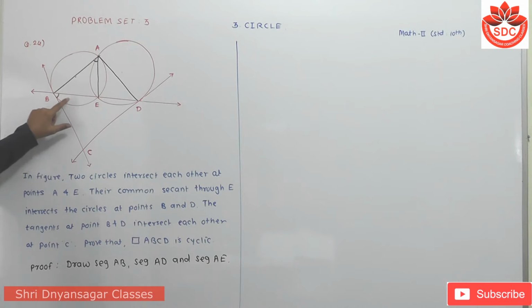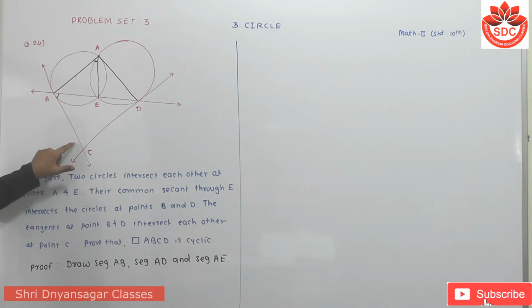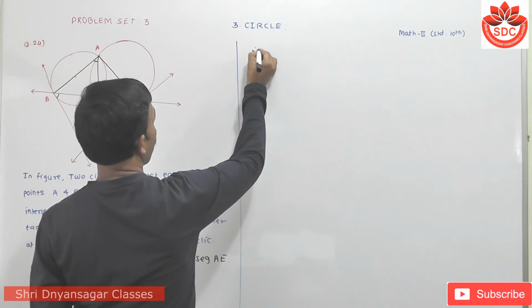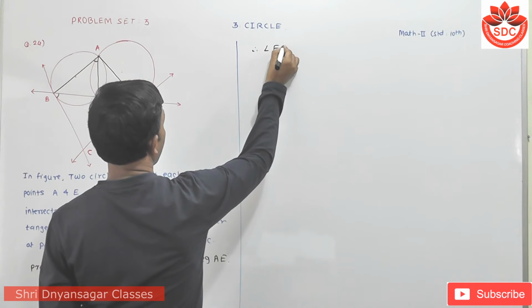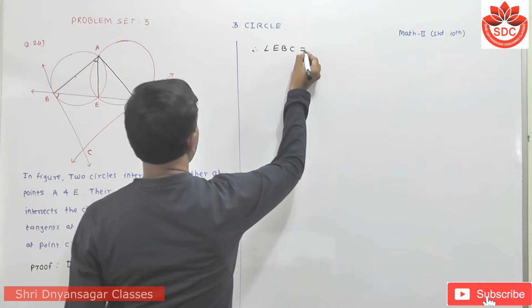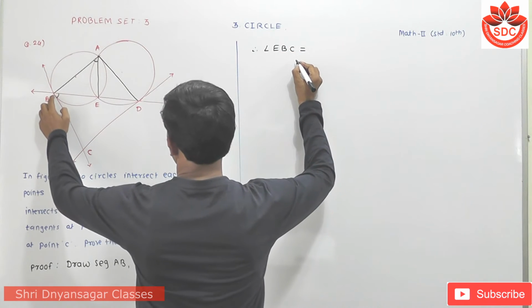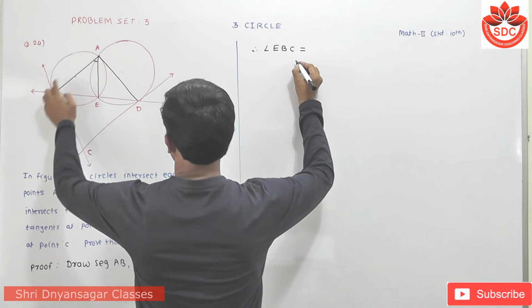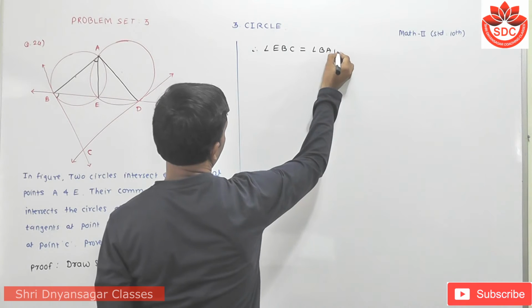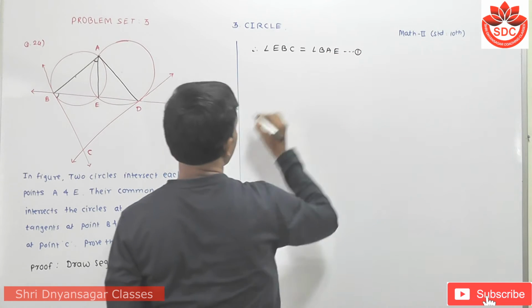Now first I will write, therefore angle EBC, starting from E, is equal to angle BAE. Let it be equation number first.